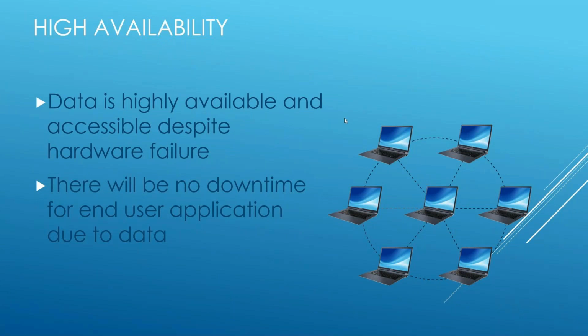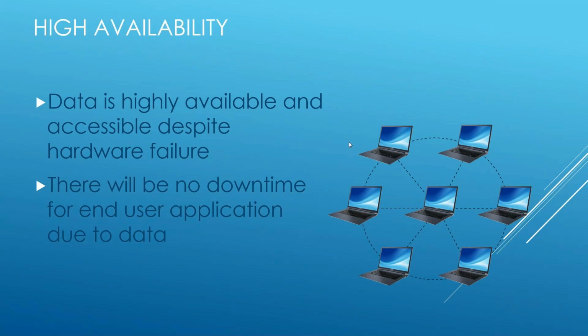What is downtime? You know already. Sometimes we get messages from our banks or from our offices saying that there is a downtime from midnight 12 o'clock to 2 o'clock, like that, to maintain or install their backend software or some other hardware. That is called downtime.